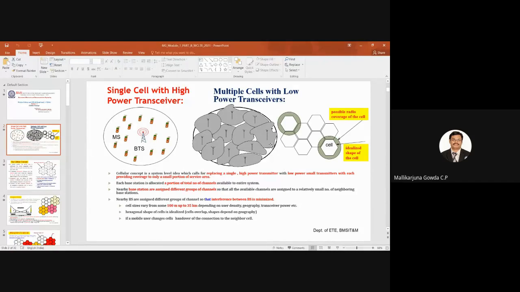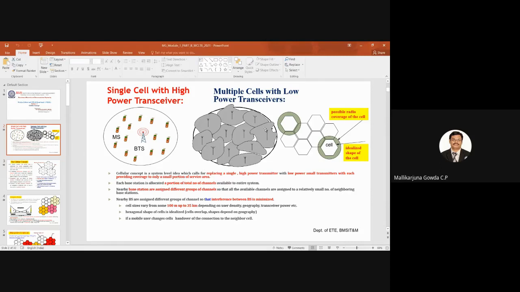And as I said, the nearby base stations are assigned different groups of channels, so that all the available channels are assigned to a relatively small number of neighboring base stations. With that, when I assign different frequencies to the neighboring base stations, I can avoid interference. Interference between the neighboring cells is minimized.